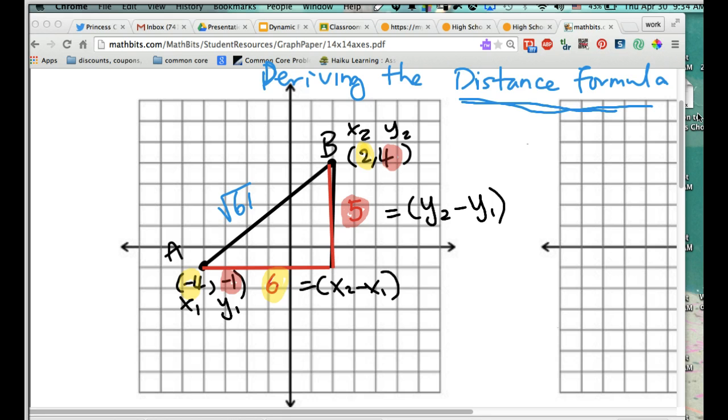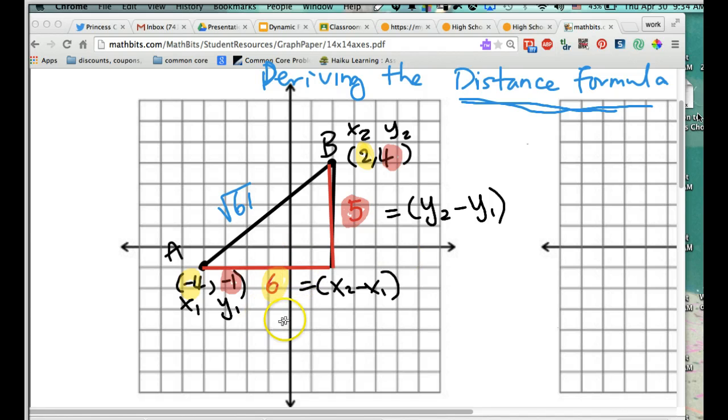Thumbs up if you get me so far. Okay, so I know it feels really complicated, but it's not that bad. We're using numbers, and then we're putting in letters afterwards, okay? So then, remember the leg squared plus leg squared equals hypo squared? So what did I do? I did 5 squared plus 6 squared equals hypo squared. Remember that?